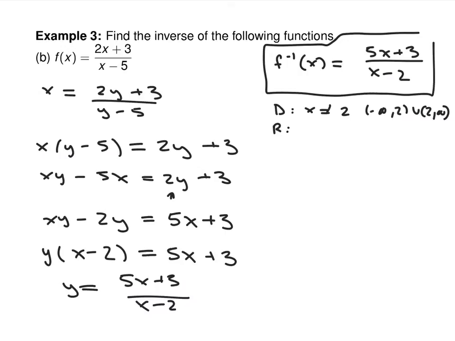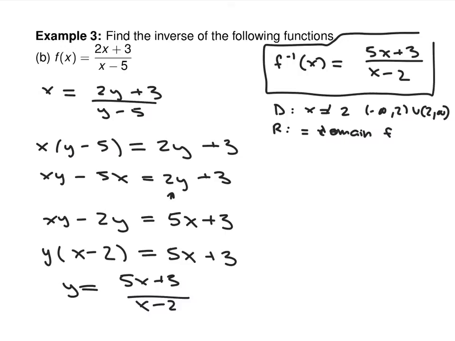Now, ranges are harder to get from the equation itself because you're asking yourself, what are the possible y's? You could graph it, or you could use the fact that this is an inverse of a function you know. Because this is an inverse of f, the range here is equal to the domain of f. And can you find the domain of f easily?